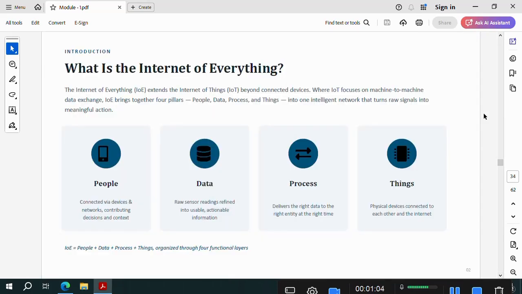Initially we start with Internet of Everything, and Internet of Everything gives way to the Internet of Things that are connected through devices. In the sense that first it starts with people and gadgets, then it starts with data.